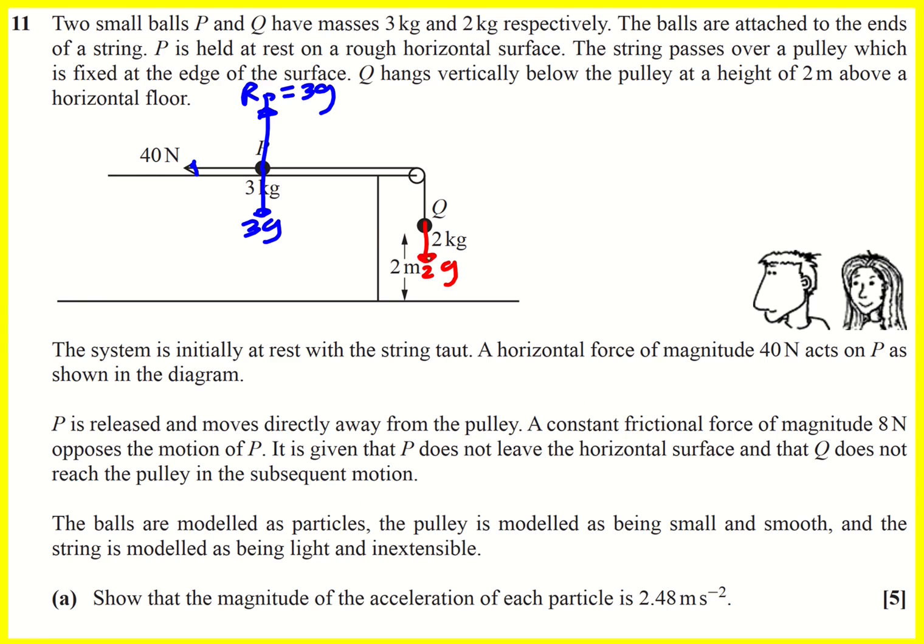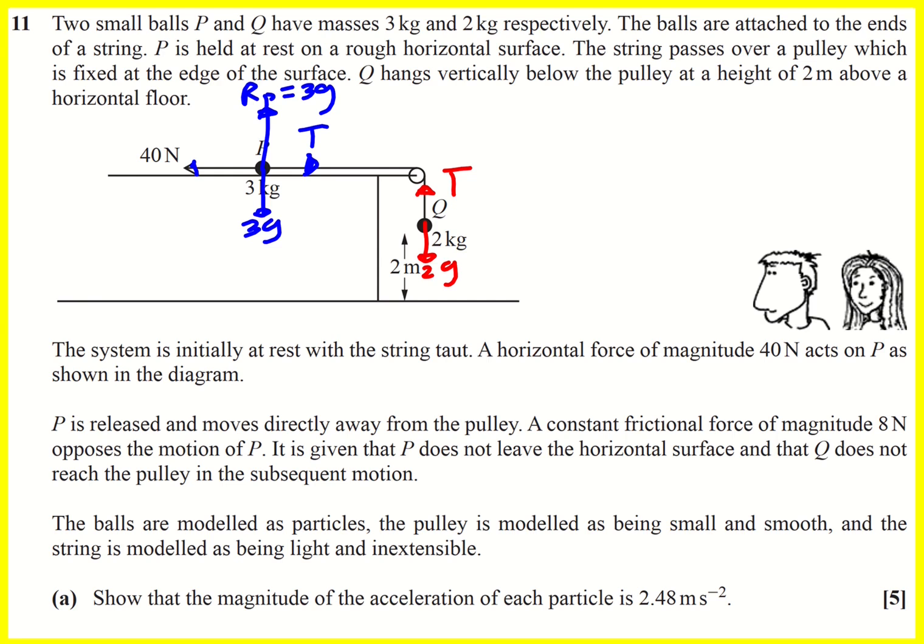There is no normal reaction applied to Q because it's suspended in midair, but what is keeping it there? It's the string. So we introduce this tension, T. And the result is that this is pulling the blue particle to the right, or trying to, and therefore the tension here is acting to the right, and it'll be exactly the same. So that is our setup.